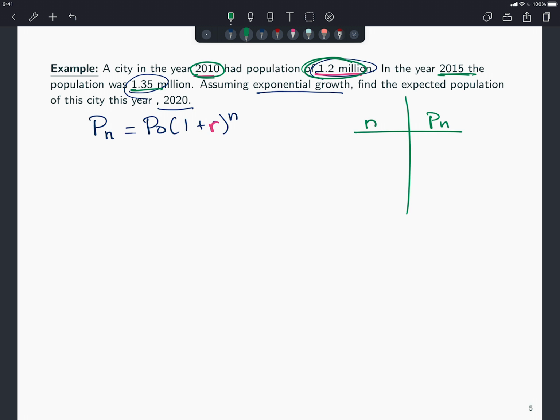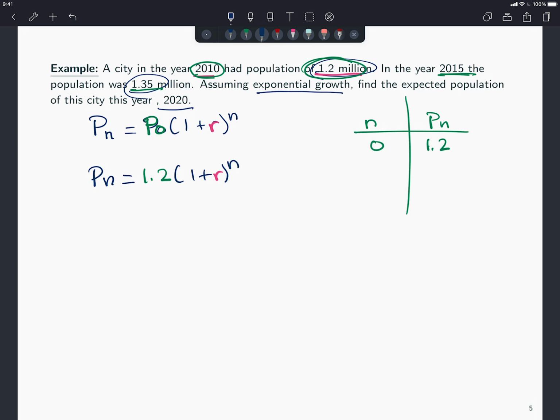I know that in the year 0, that's going to correspond to 2010, I had 1.2. So that tells me something, right? I do know who is this number. So my Pn is going to have the form 1.2, if I agree that I'm going to use that as my year 0, times 1 plus, and what I don't know is the r.